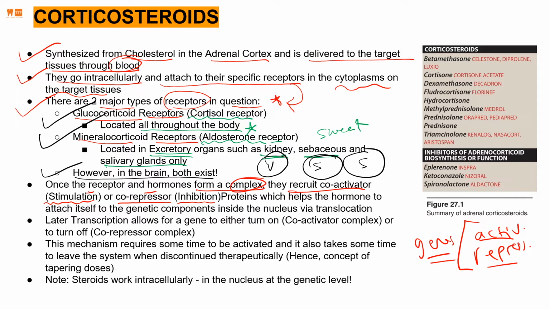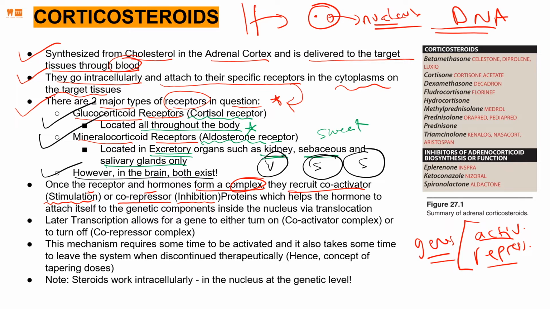But wait a second. We went from the bloodstream to the cell's cytoplasm, but the genes are in the nucleus on DNA. Well, how are we going to get there? Well, proteins help the hormone attach itself to genetic components inside the nucleus via a process known as translocation.